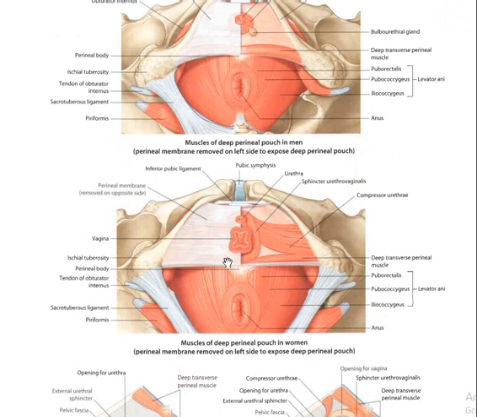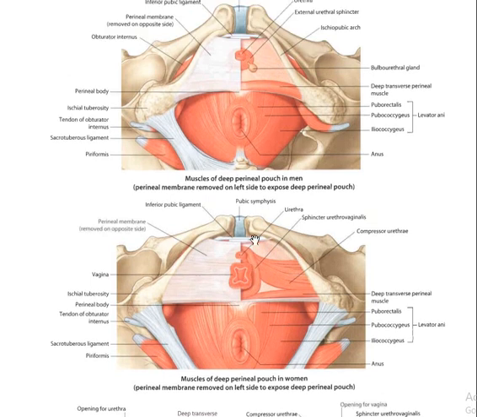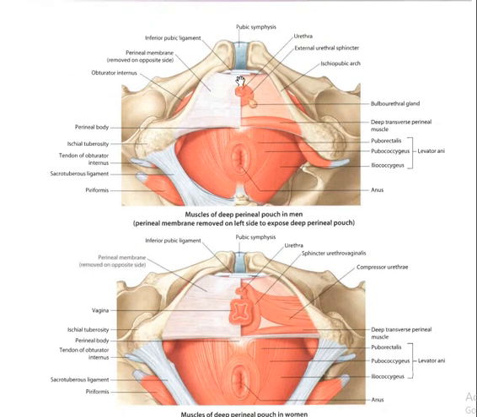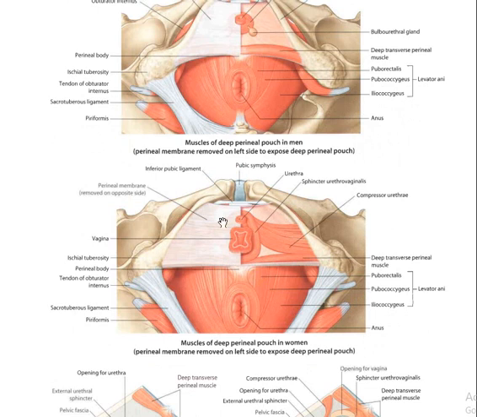Now, in females at the deep perineal pouch, we initially said that males have a longer urethra, so they only need one muscle to enclose the terminal of the urethra. While in females, there is both the urethra and the vagina to be enclosed, and the urethra is very small, so three muscles are involved.